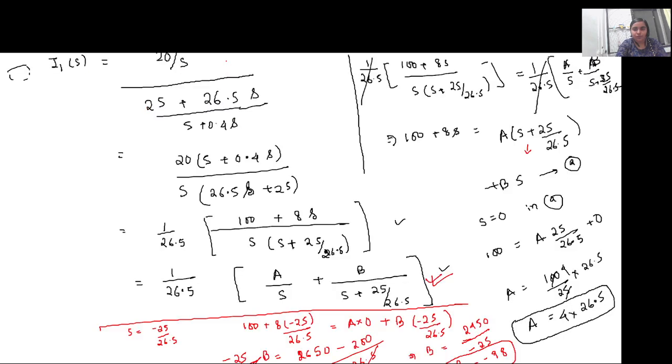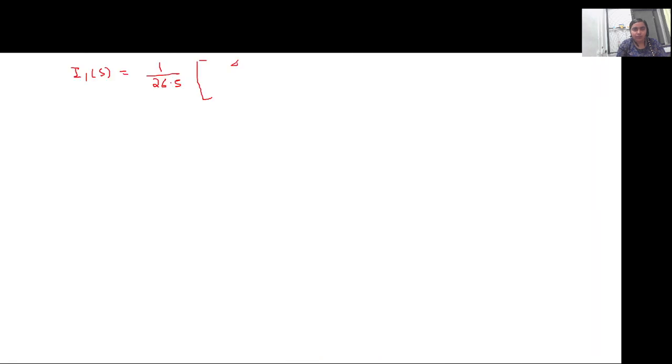A we have gotten to be 4 into 26.5, 4 into 26.5 by s, and b is minus 98 by s plus 25 by 26.5. Is this fine? Yes, ma'am.